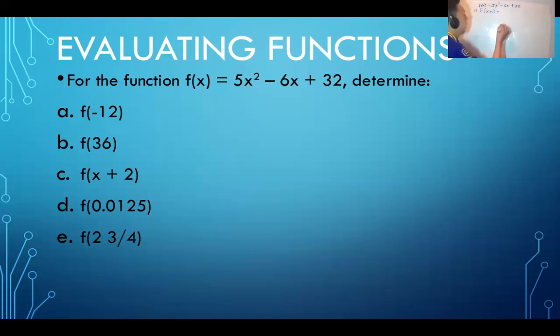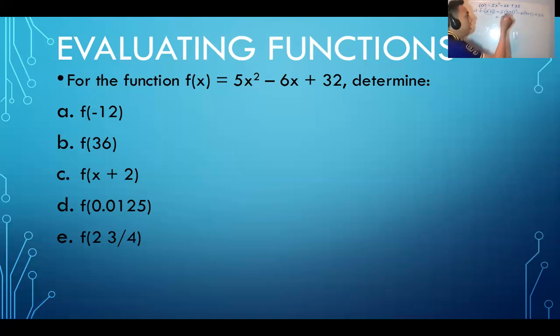So we will just change x's here as x plus 2. So 5 times (x plus 2) squared minus 6 times (x plus 2) plus 32. Mahaba-haba ito kaya kailangan ninyong makinig ng mabuti.